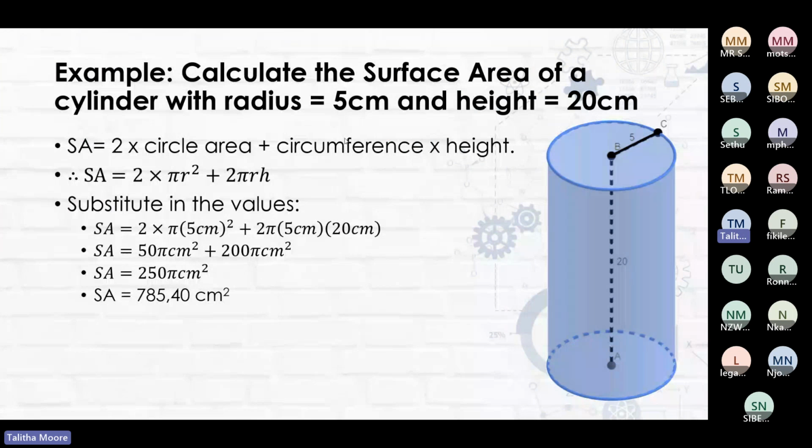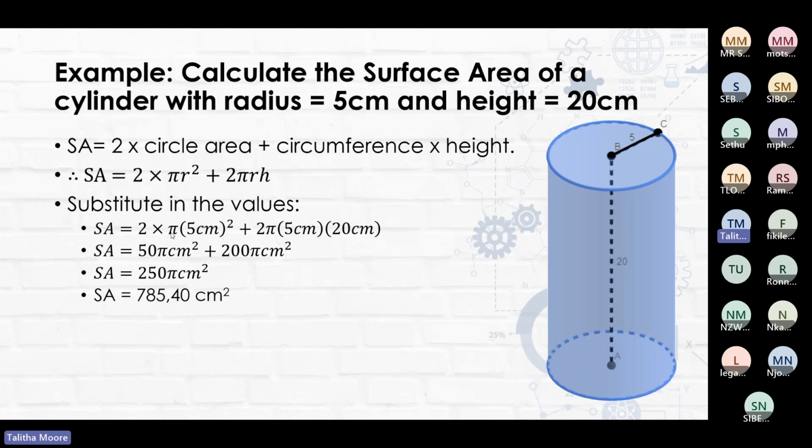So here's an example. Calculate the surface area of a cylinder with a radius of 5 centimeters and a height of 20 centimeters. So our surface area is 2 times the circle area plus the circumference times height. So that gives us 2 pi r squared plus 2 pi r h. So here we'll substitute in.